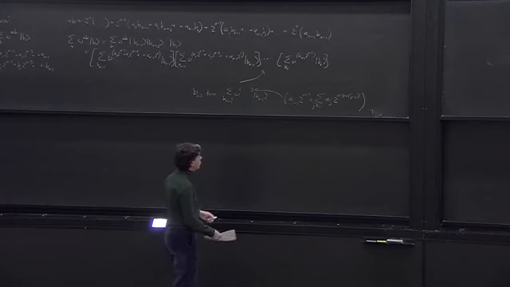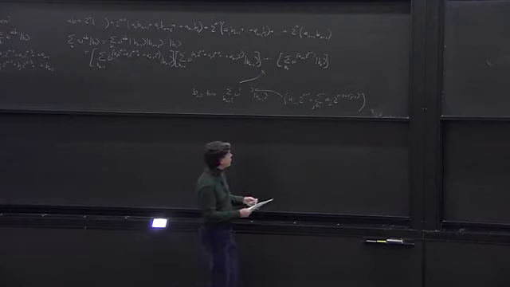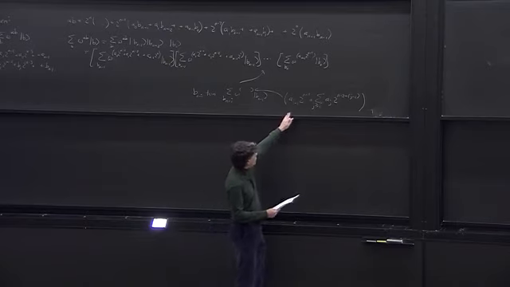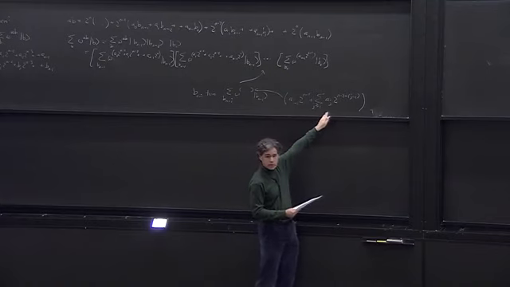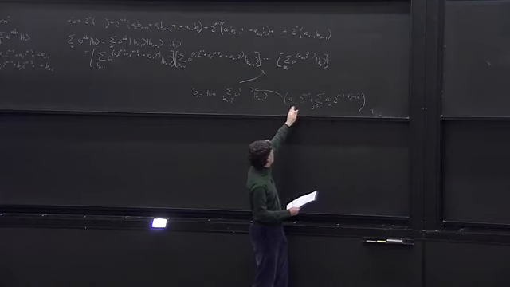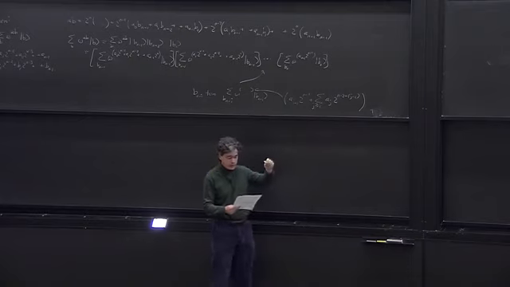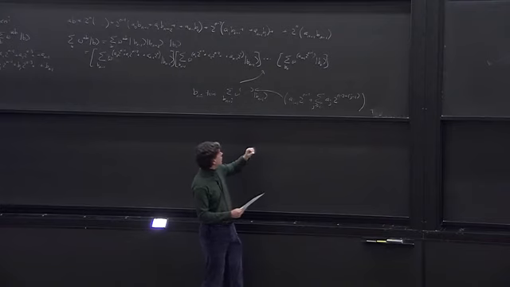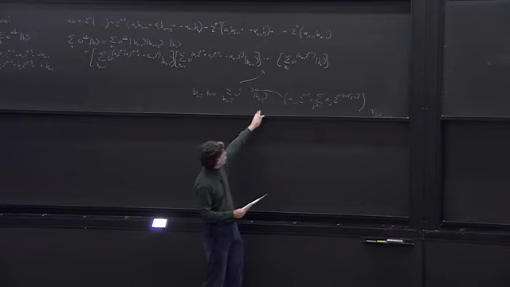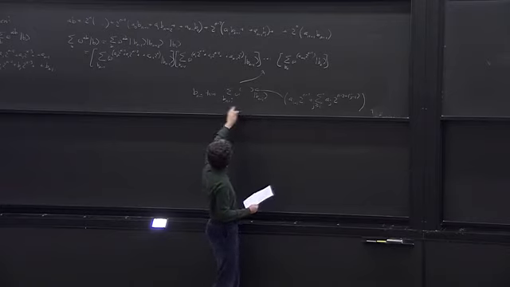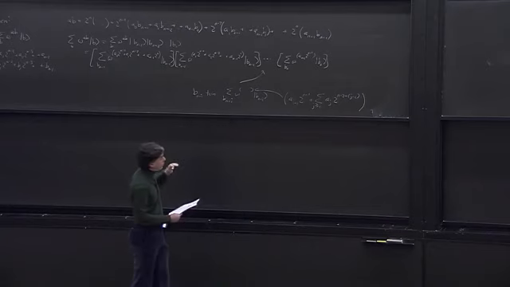OK, so let's analyze this. You see the a's that appear here are, so we're doing the bn minus i. The very first term is bn minus 1, right?